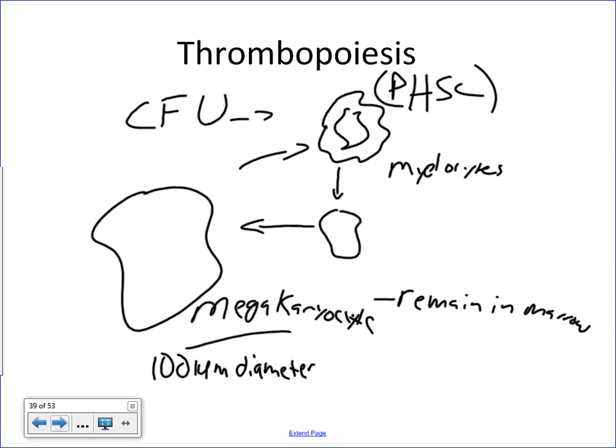And once we develop mature megakaryocytes, they create these little invaginations of their plasma membrane, and then they break off. These chunks that break off take some of the cytoskeletal proteins and other enzymes with them, and those are platelets.